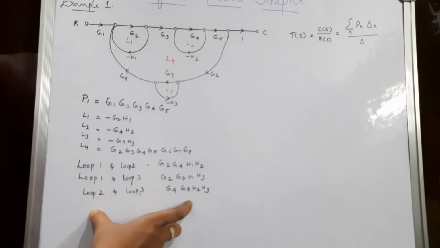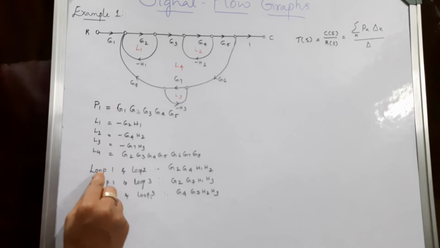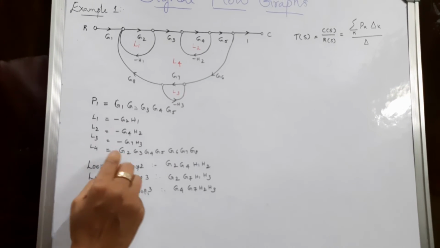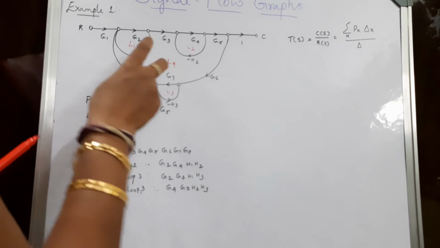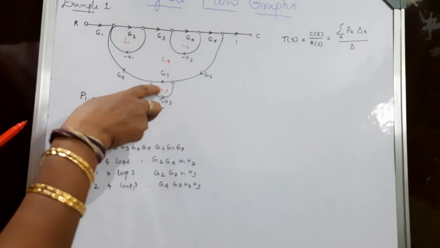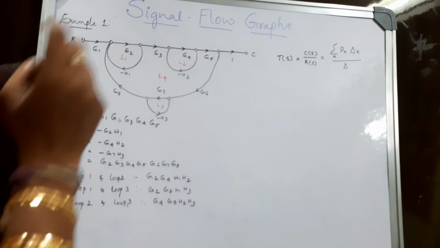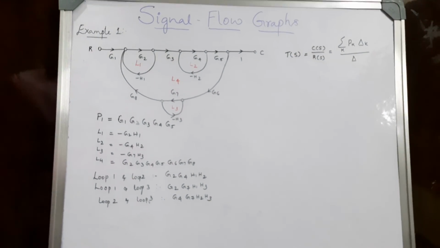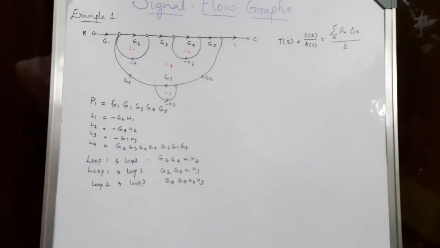So I now define non-touching loops as loops that do not share a common node. So here you consider these 2 loops, they don't have a common node. This combination they don't have, and obviously this combination they don't have any node in common.